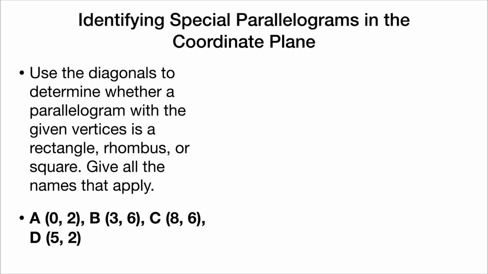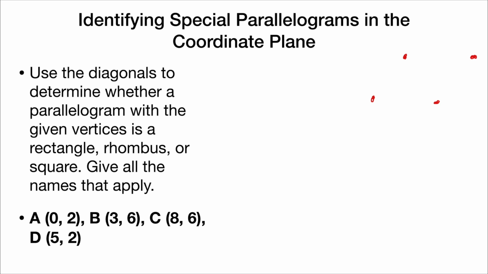We just have to prove stuff with the diagonals. So we're going to start with sketching it out. 0, 2, 3, 6, 8, 6, 5, 2. Okay, so that actually does make sense.